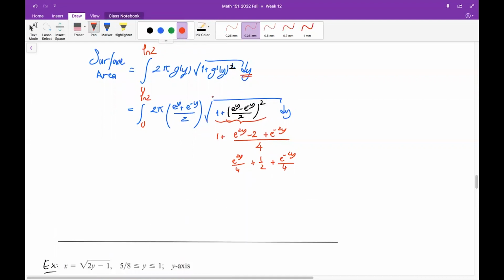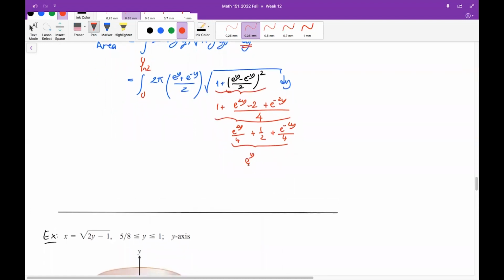So this whole thing becomes like this. And this thing now is a perfect square. It is the square of this expression. You can verify it after computing the square.